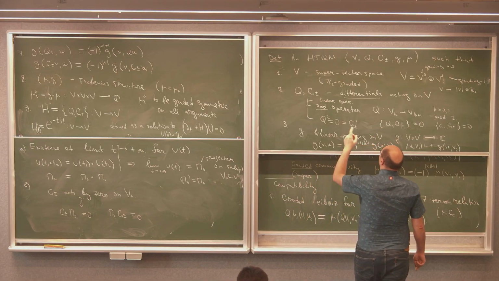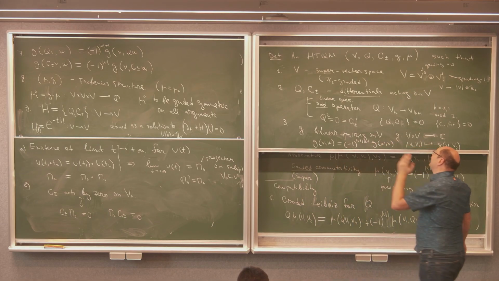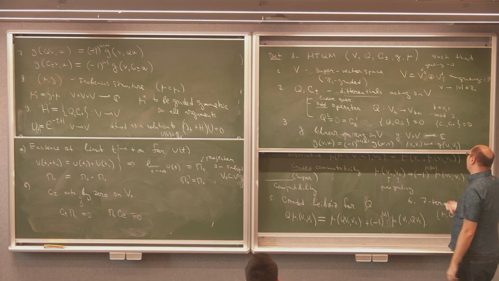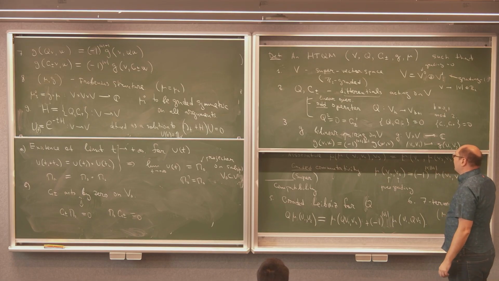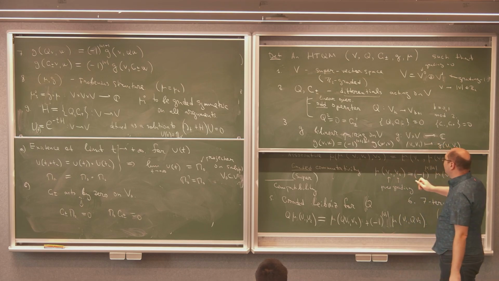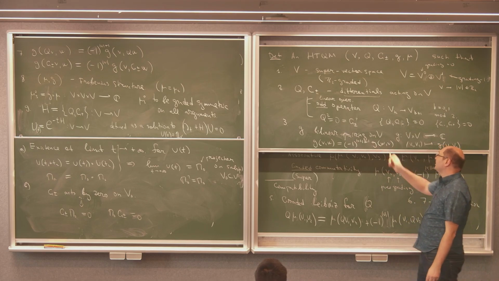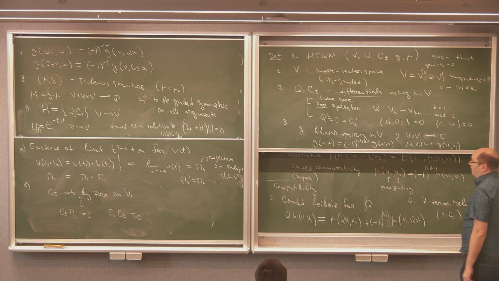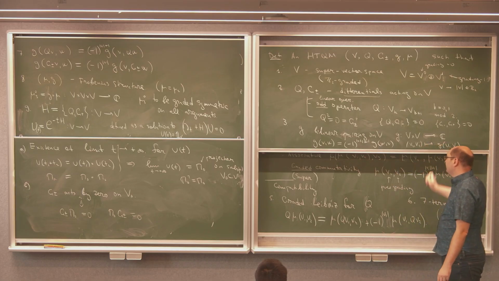And then, in addition to super vectors, or graded vector space, and a pair of differentials, we have a pairing that is also compatible with the grading. So if I interchange arguments in the pairing, we get the same result up to a sign.